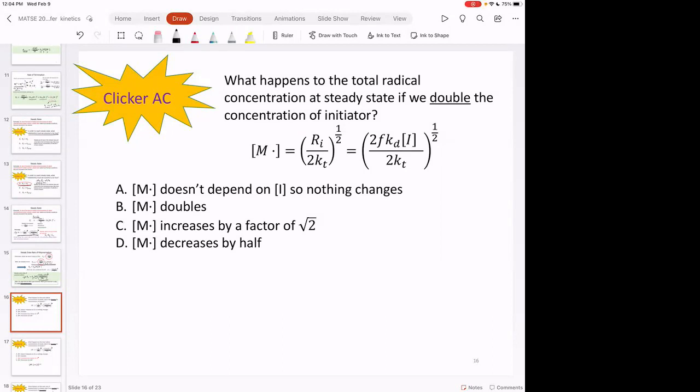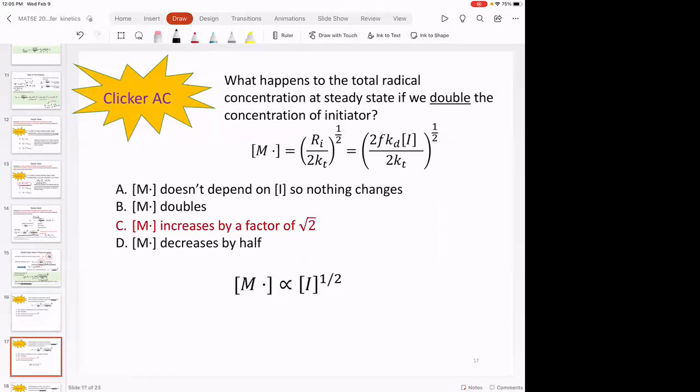M dot is propagating, and we're going to double the concentration of the initiator. What happens to M dot? So this is a math question. And so if you take I brackets from 2 to 4, how does M dot increase? And everyone can ring in.